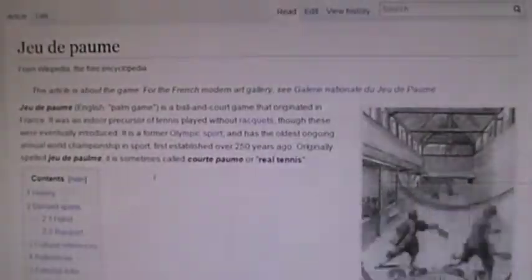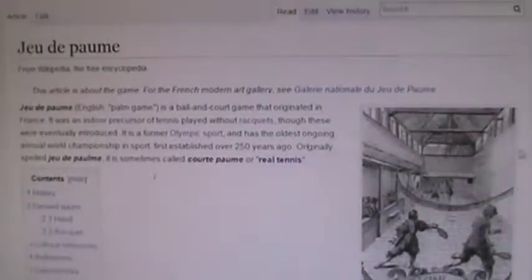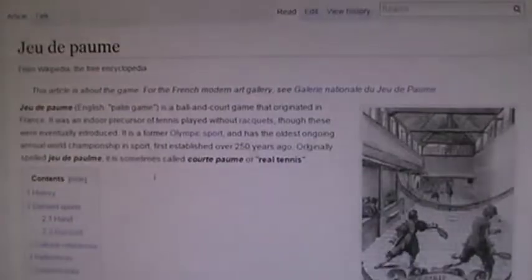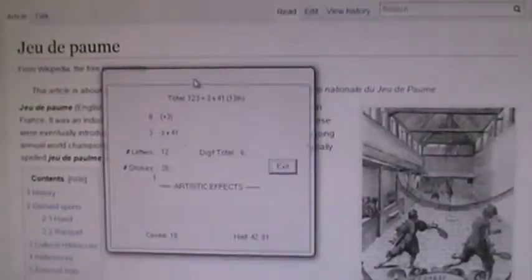So there it is. Jeu de Paume. The original game. Man, that looks cool. Indoor courts look fun because you get to use the walls. Jeu de Paume, English palm game. There's a ball in court. Well, oh my goodness. Ball in court divides by 3. Ball in court equals 1, 2, 3.